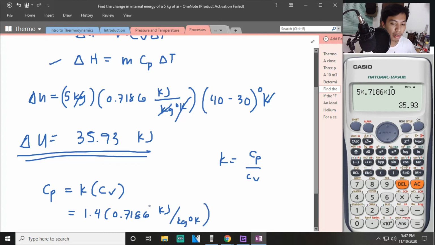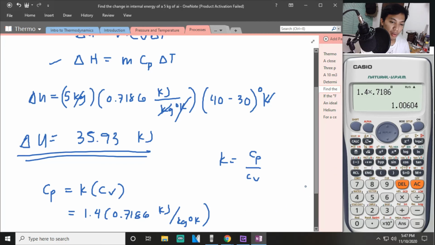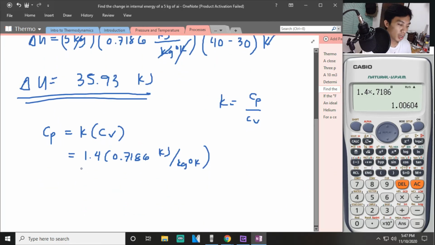Tignan nga natin kung equal siya sa 1.006. Tama siya. So, this is equal to yung CP natin is 1.006 kilojoule per kilogram degree Kelvin.